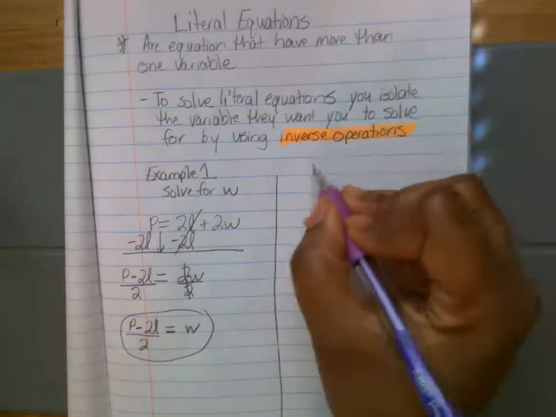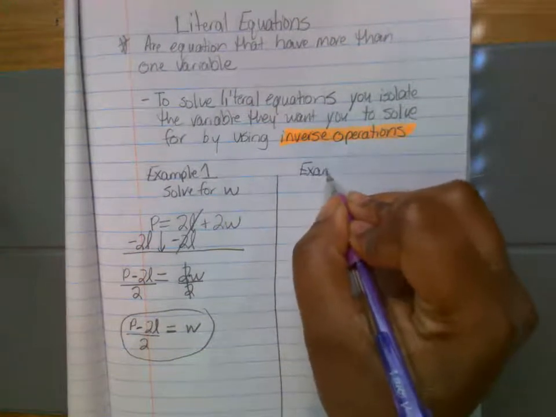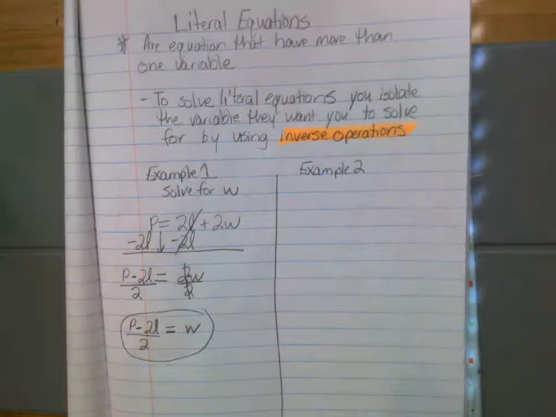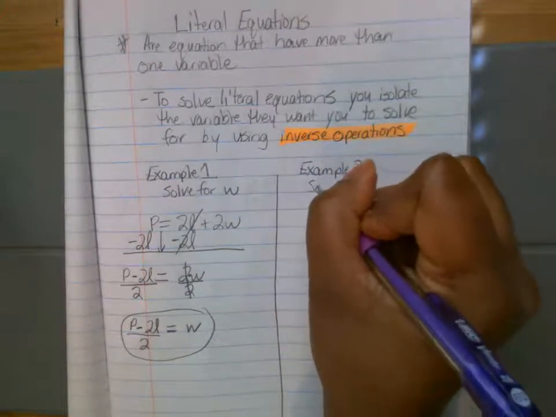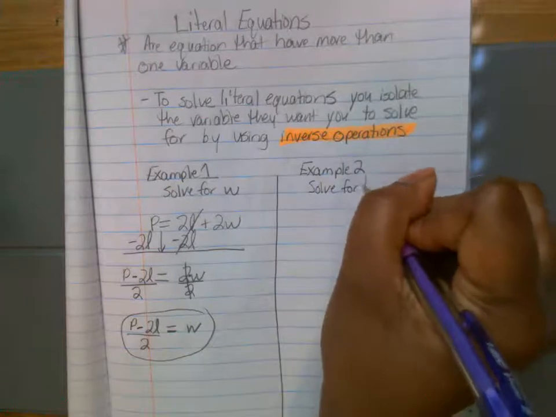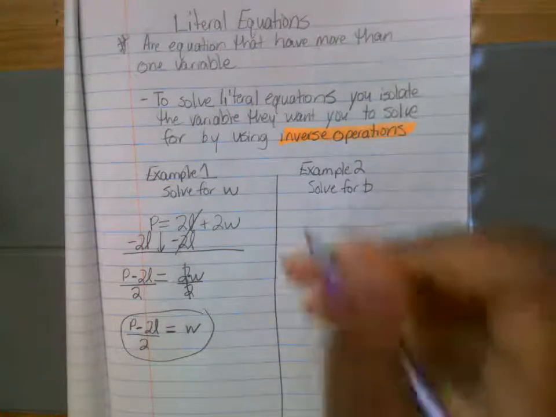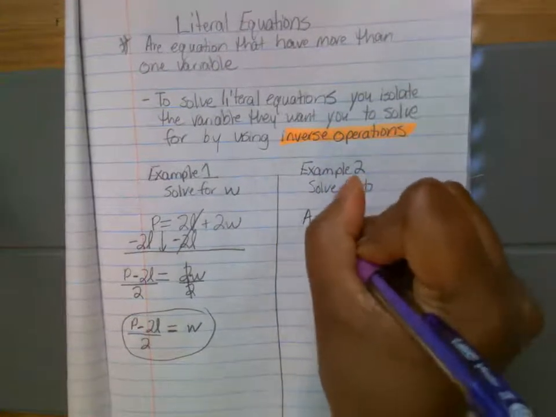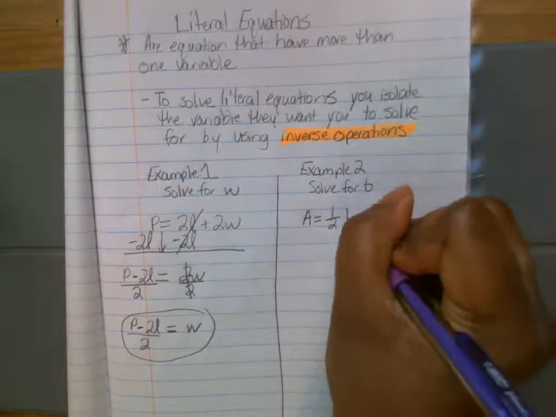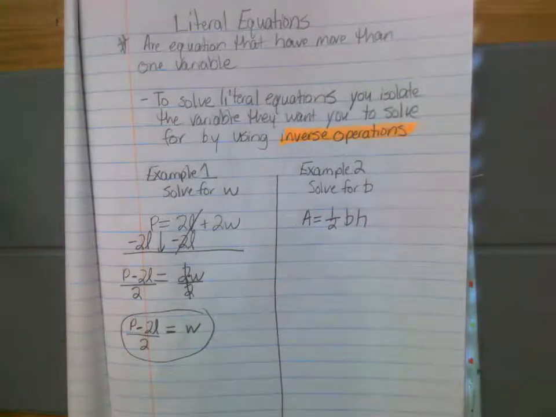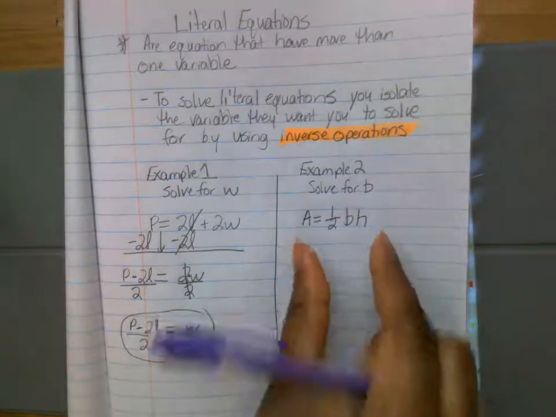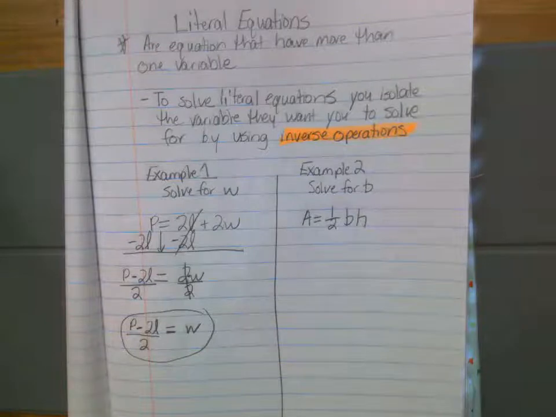Now we are going to do example number 2. In example number 2, we are solving for B. So we're going to put solve for B. The equation is going to be A is equal to 1/2 BH, 1/2 times B times H. This formula is the formula for area of a triangle.